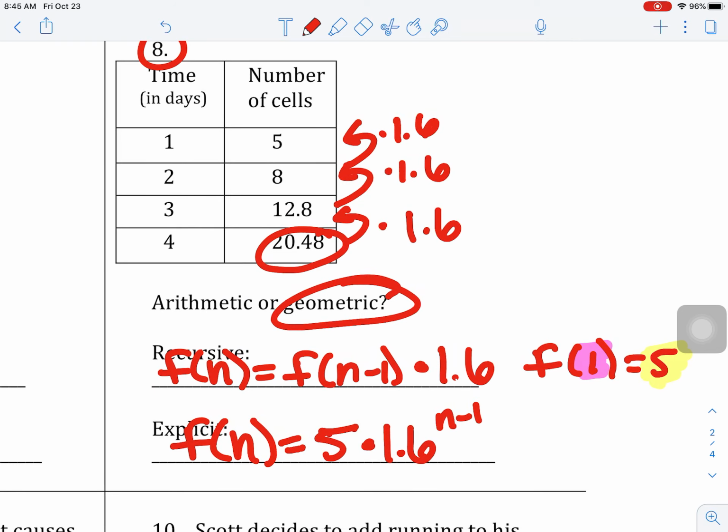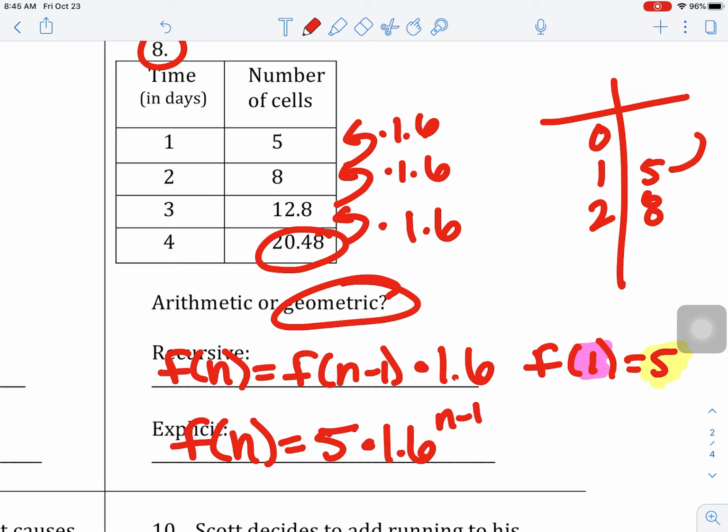If you wanted to be fancy-pantsy and move your table and include 0 so that it could be shorter and you wouldn't have to have that n minus 1, you could take 5 and divide it by 1.6. And you would get 3.125.